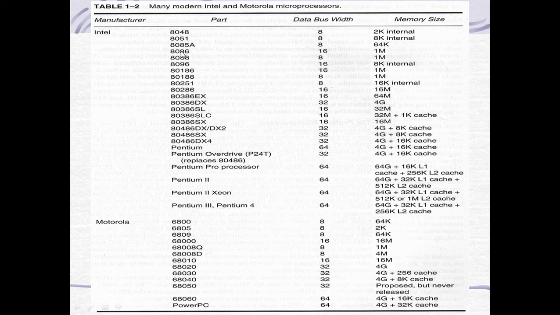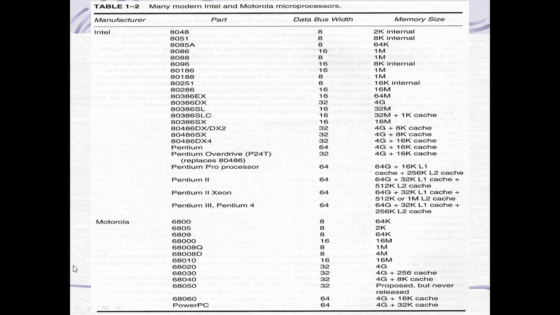Similarly, the 8086 had a 16-bit data bus and 1 megabyte of memory. The 8088 had only an 8-bit data bus, and it could support the same memory as the 8086, 1 megabyte. And the story continued until the Pentium and nowadays to core, dual core, and so on.